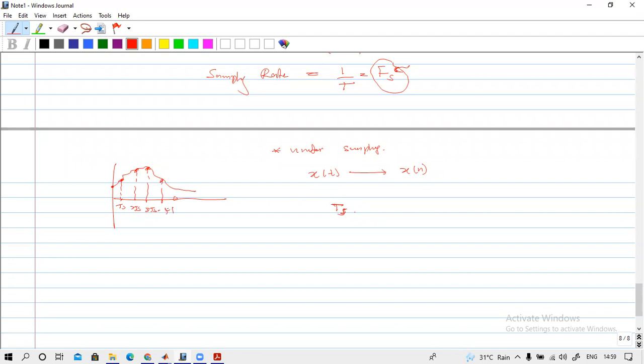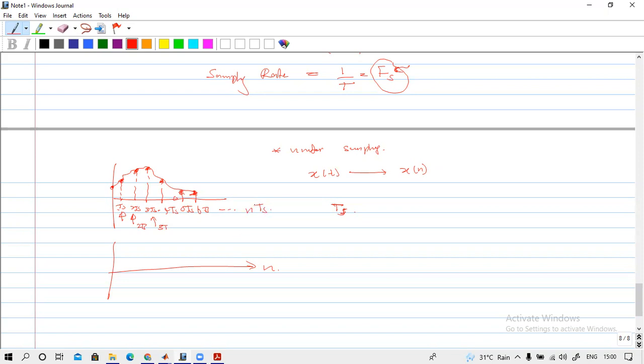4Ts, 5Ts, 6Ts, we get another sample, like this. And we plot it with respect to n. So n is this number: n equal to 1 is at Ts, n equal to 2 is at 2Ts, n equal to 3 is at 3Ts, and so on, up to n Ts.